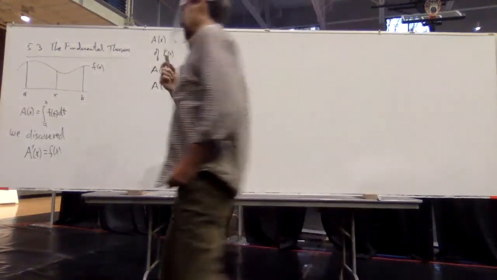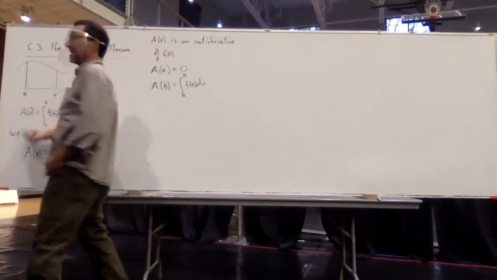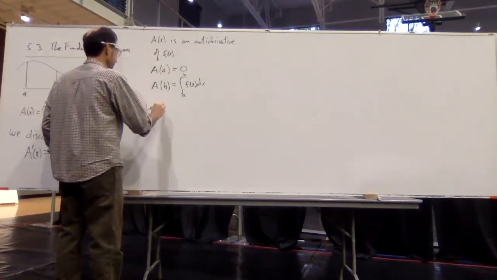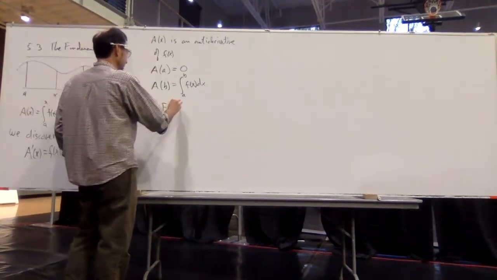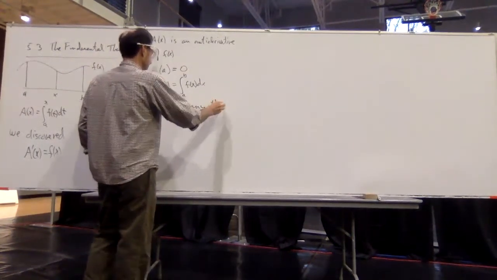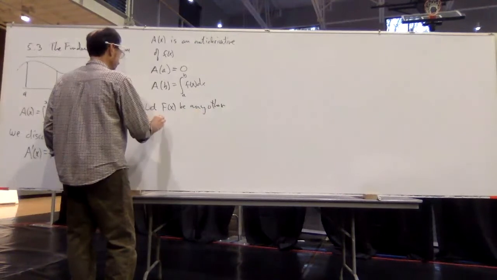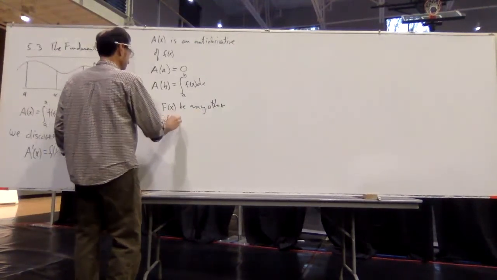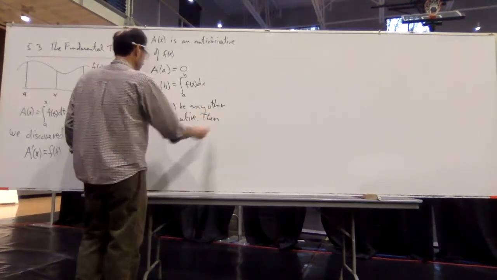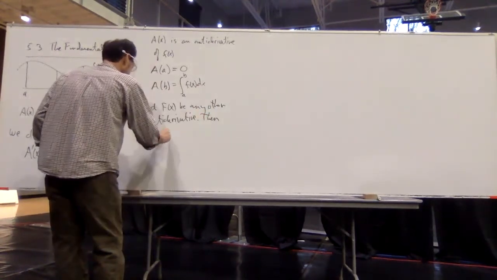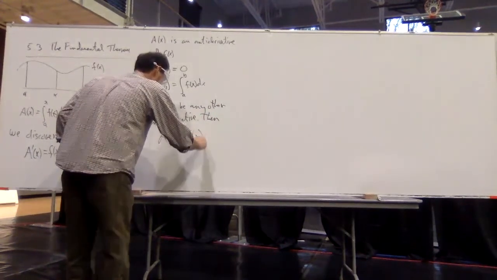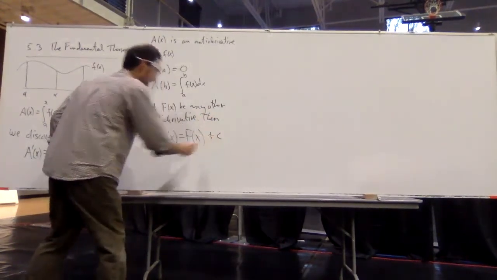Okay, so I know big A is one antiderivative, but it's hard to know which one. So let big F of x be any other antiderivative. Then what we know is that they're the same, except for the constant.